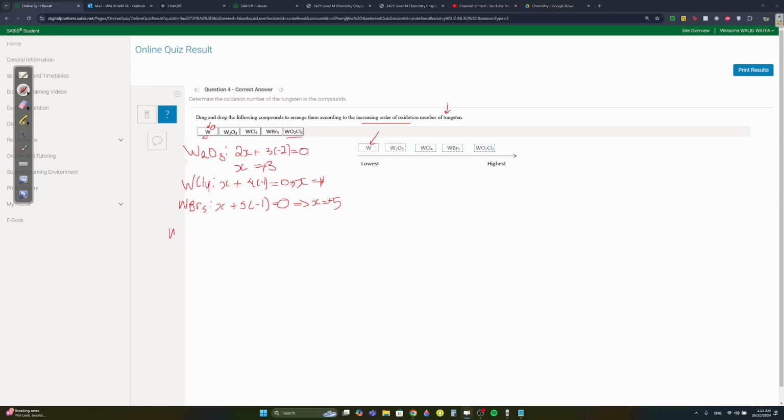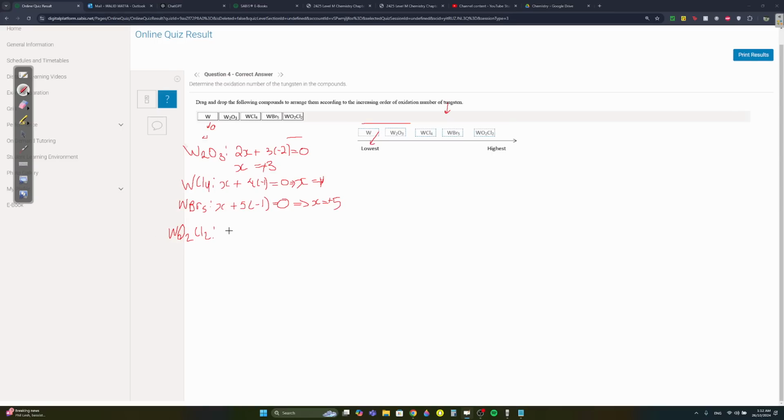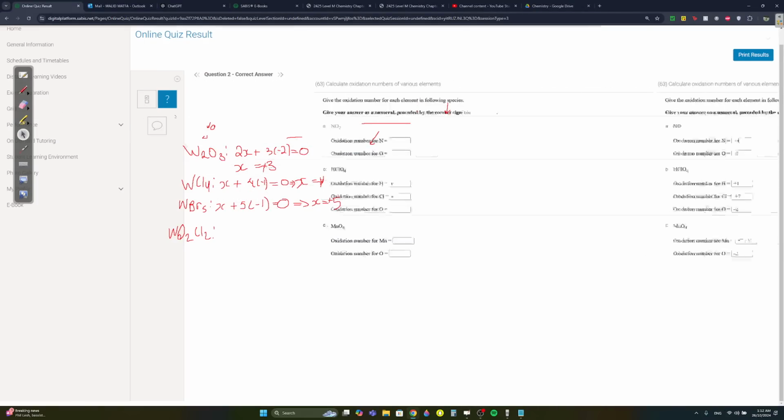Then for W2OCl2, O2Cl2, Cl this time is with oxygen. For this one, even though you have an oxygen with it, you're still going to use Cl as -1. I've been staring at it for 5 minutes, and I'm comparing it with the one we had in question 2.